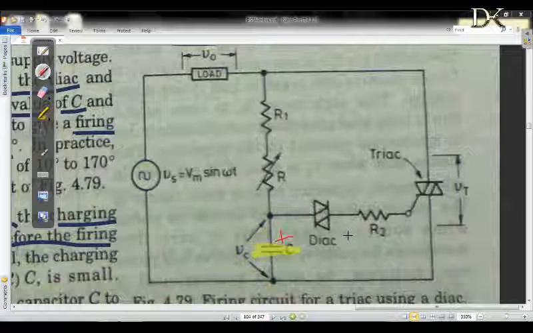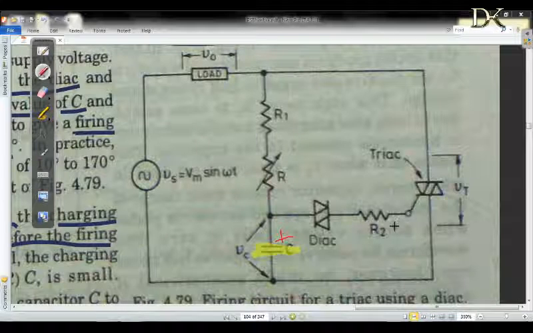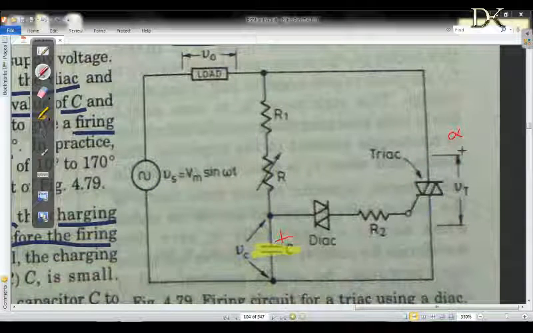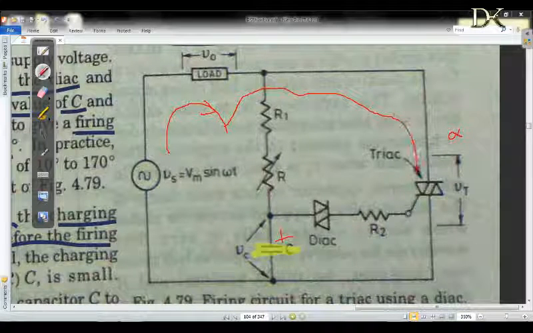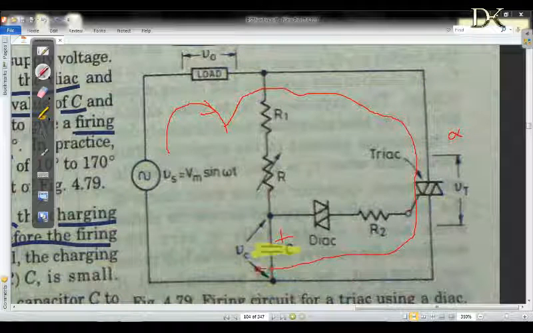As a consequence, the capacitor discharges rapidly, thereby applying the capacitor voltage Vc in the form of a pulse across the triac gate to turn it on. After the triac turns on at firing angle alpha, the source voltage Vs appears across the load. If the triac turns on, the source voltage will appear across the load by this circuit.